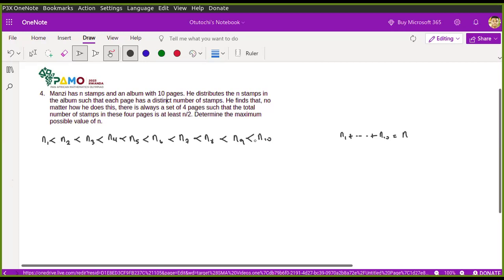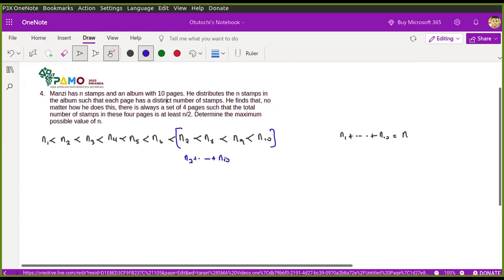And we are good. Also, we are looking for a set of 4 pages such that the total number of stamps is greater than or equal to n over 2. And for that, we only need to consider the biggest 4, right? We only need to consider this sum, n7 up to n10.